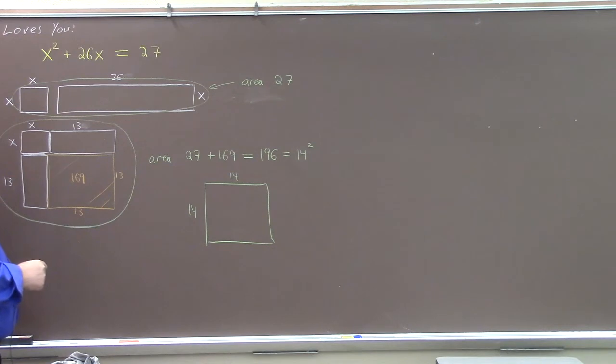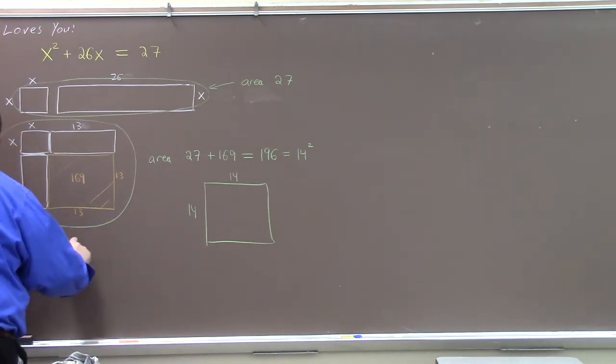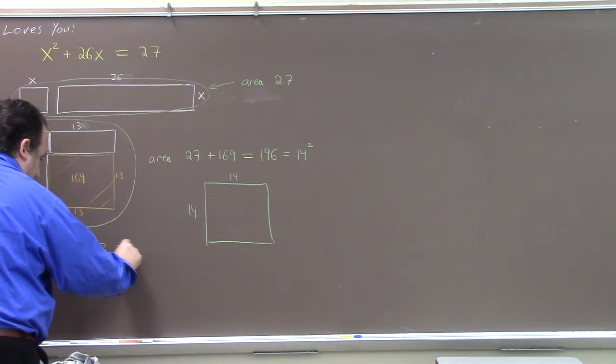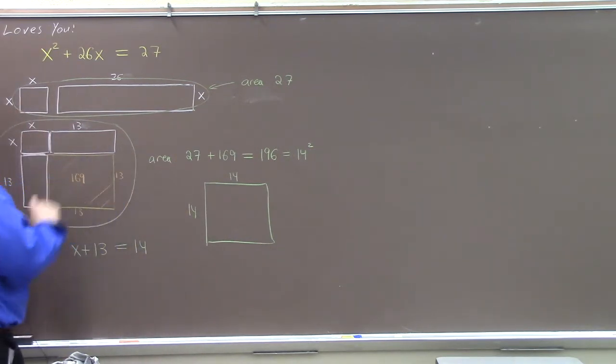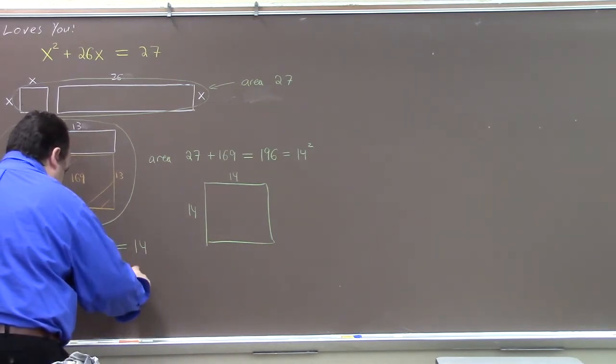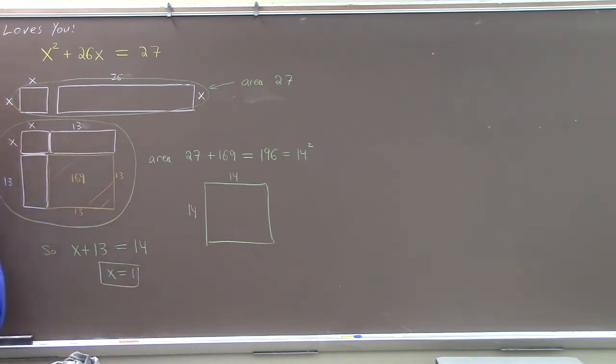So if this square here really is 14 by 14, what's x equal to? So x plus 13 apparently is equal to 14, because this is 14 by 14. So x equals 1. So when we use the phrase completing the square, it's actually a reference to this historical method that was well known to medieval mathematicians.